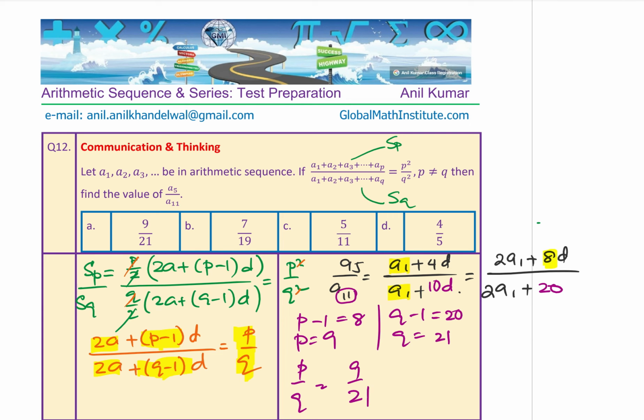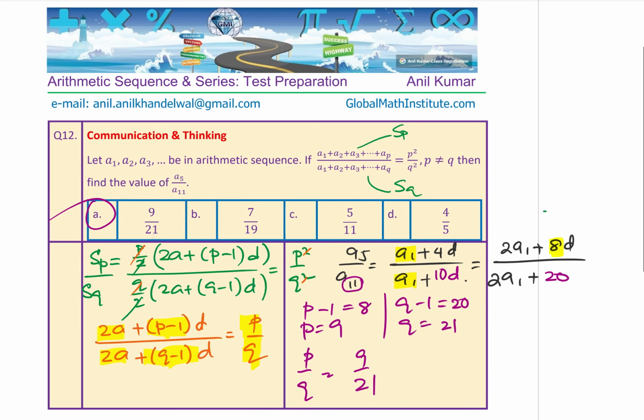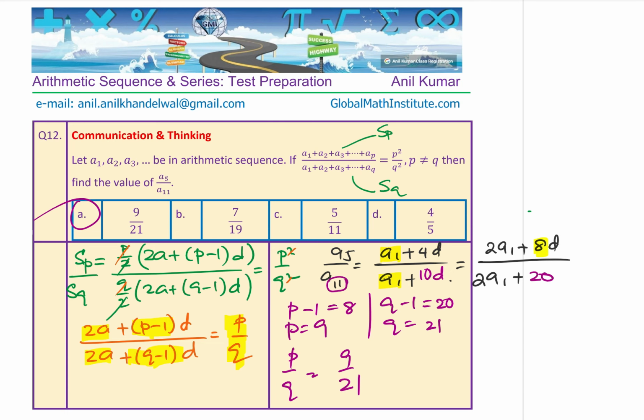So we get 9 over 21 as our answer, right? So we are trying to find a5 over a11, right? Therefore, we get this term, which is 10. Is that clear to you? So we find this particular answer by relating. So I hope that makes sense, right?